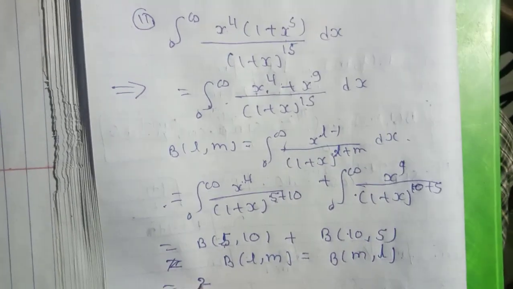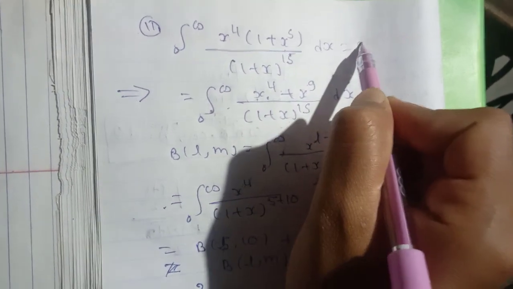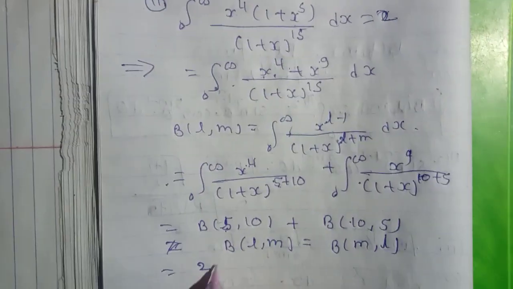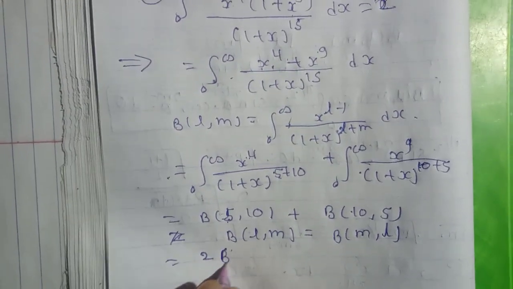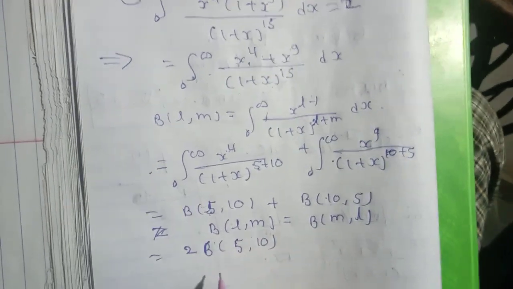This is the final value of this function, that is 2 times beta of 5 and 10.